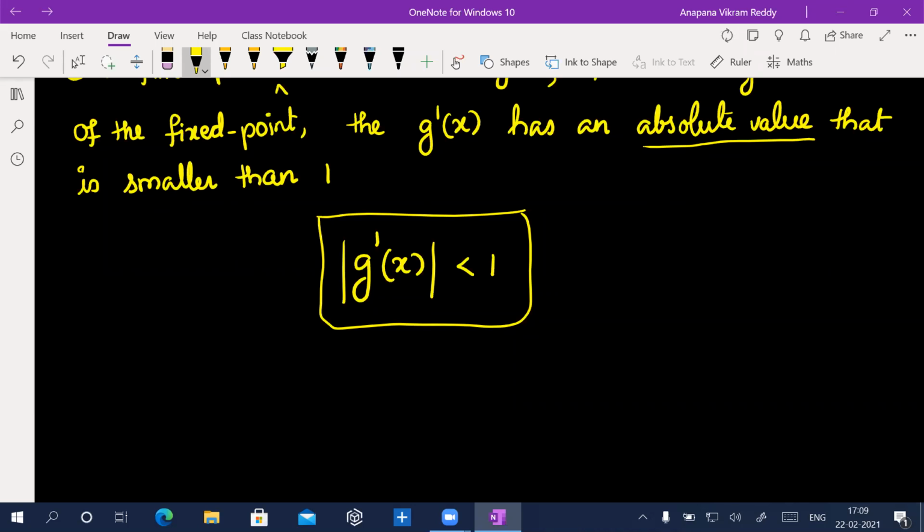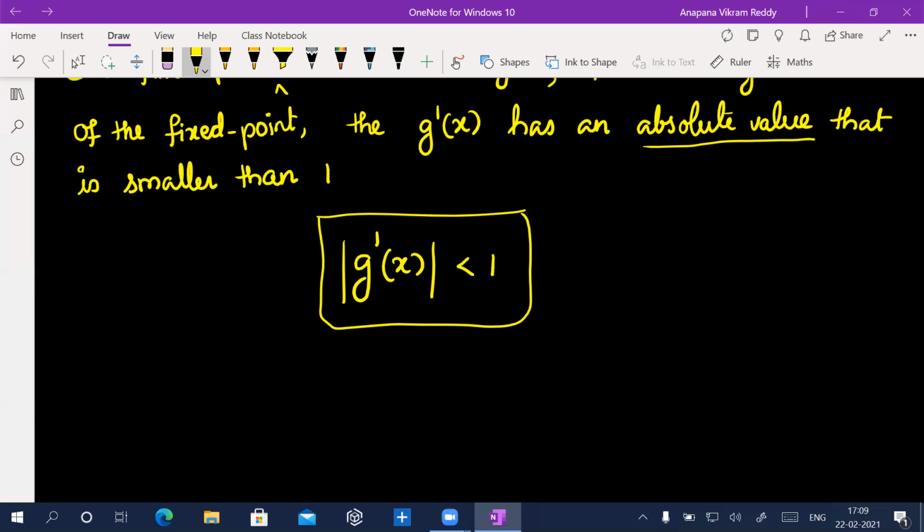Are you able to understand this? See, in the neighborhood of the fixed point, if the absolute value of the first derivative of that iteration function is less than 1, then the fixed point method with that iteration function converges. Did you understand this? Yes, sir.